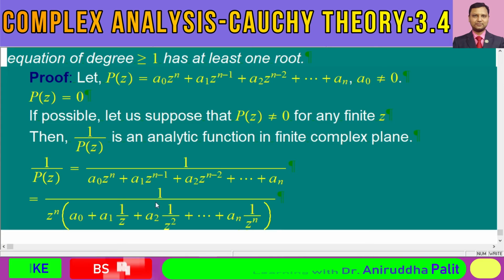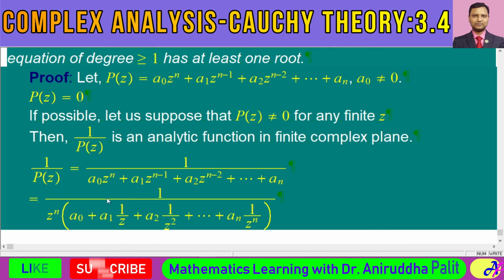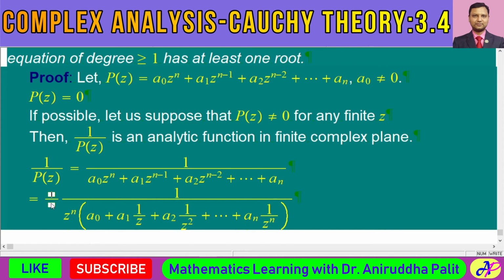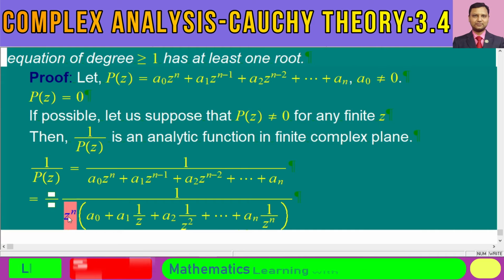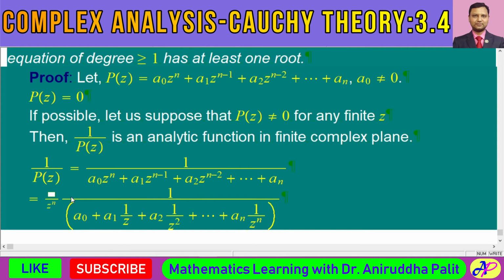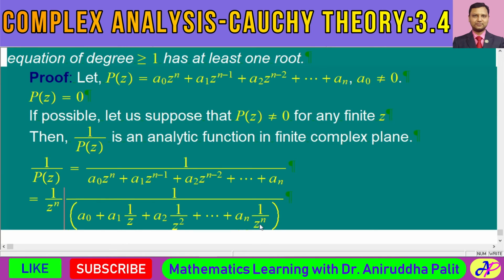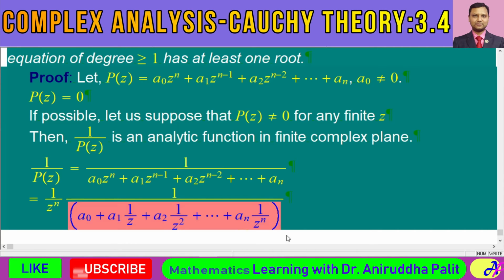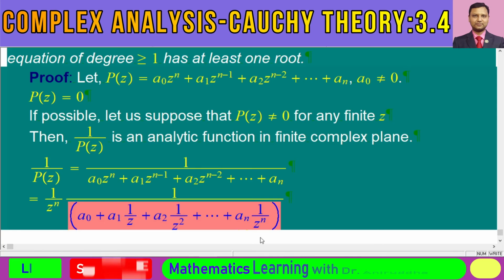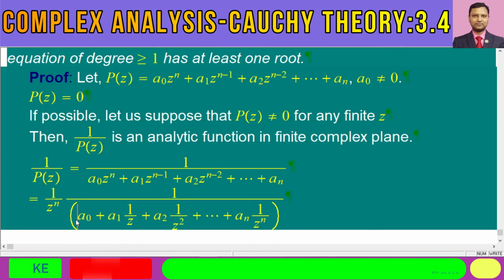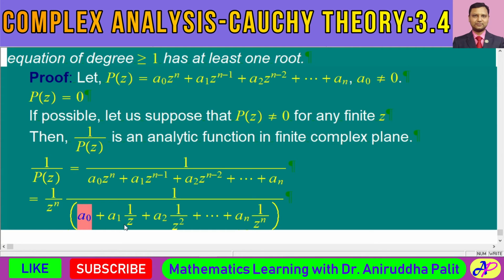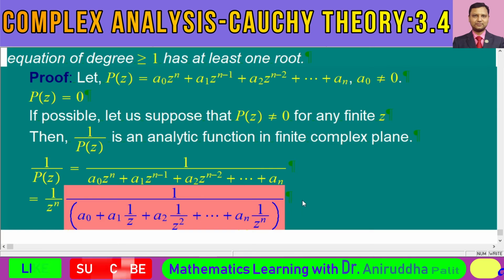Along with this, the other factor can be written as 1 by z to the power of n. When z tends to infinity, the total expression tends towards a0, so its value is 1 by a0, a finite quantity.